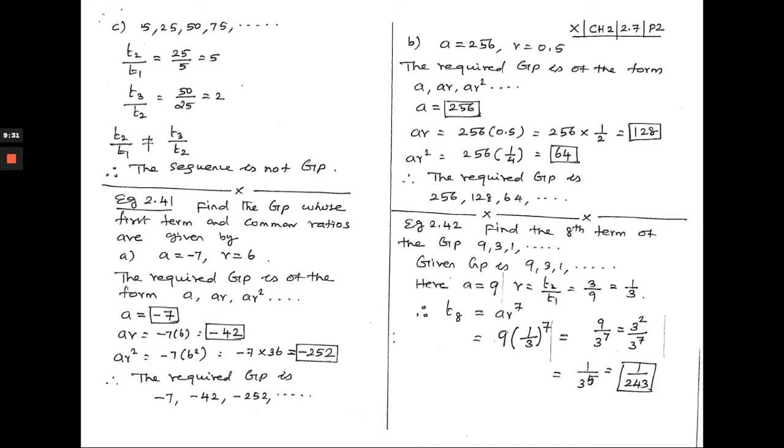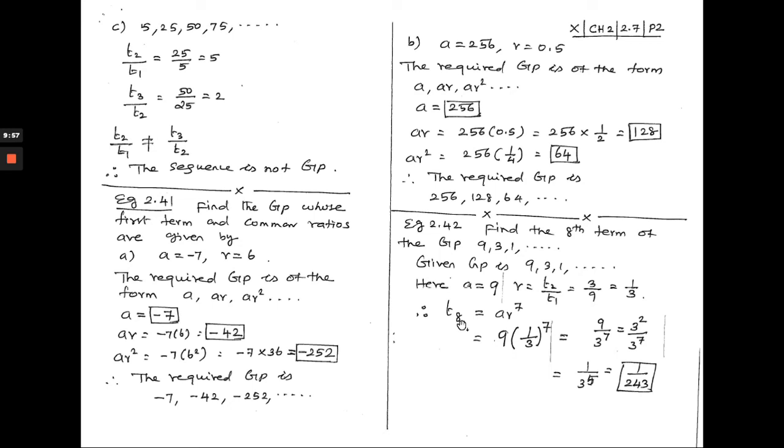We know the formula: nth term Tn is equal to a r power n minus 1. Here a is equal to 9. Common ratio r is equal to second term divided by first term, so 3 by 9, which is equal to 1 by 3.